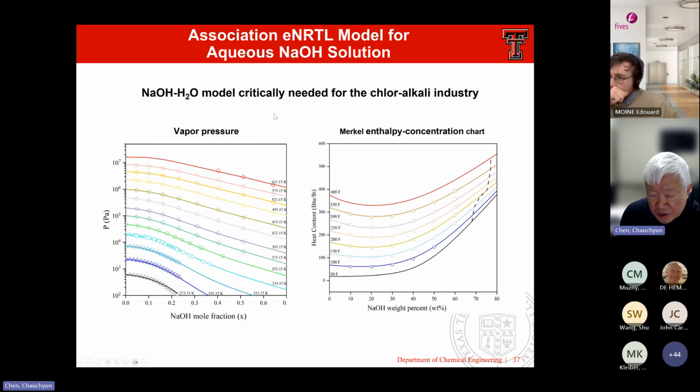Again, the model parameters are only the association strengths for the ions and the NRTL tau ij parameters, and their temperature dependency as well. For the first time, I'm very excited to see that we represent not only the vapor pressure of caustic solution across the entire temperature range, but also the heat of solution, represented with a Merkel plot. Given that, the industry could really make use of it in process simulation.